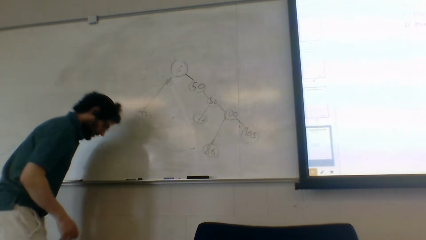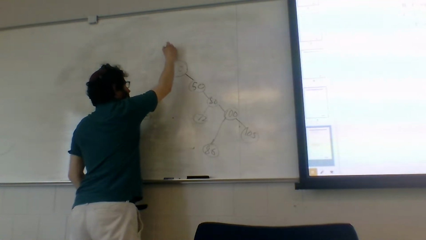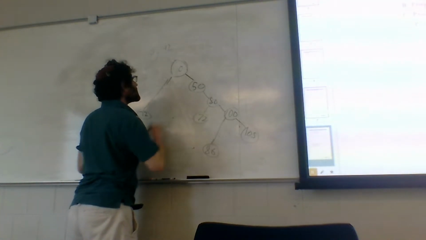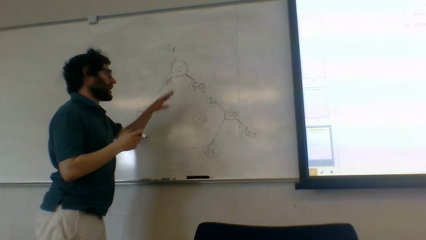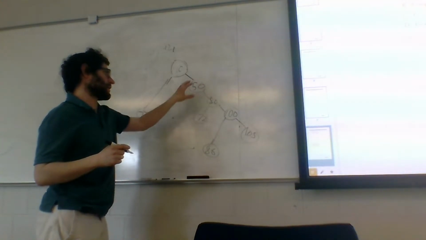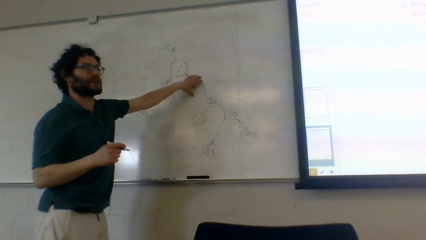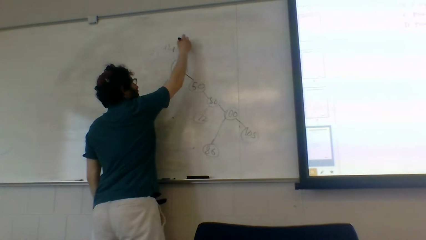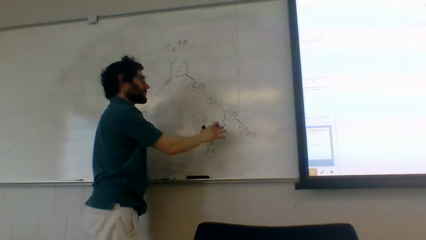No problem, so I'll just handle negative 12. Next on the list is we handle my right subtree, which is this entire thing. Our right subtree starts with 50. So we handle 50, then 50's left subtree, which is null, and then 50's right subtree.